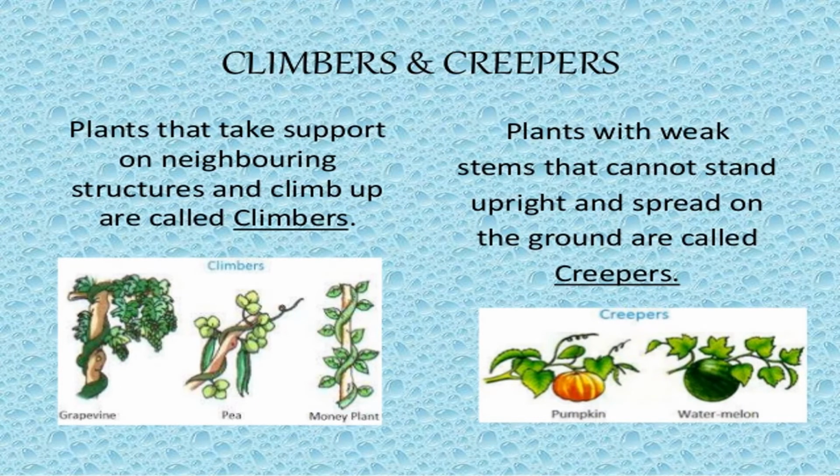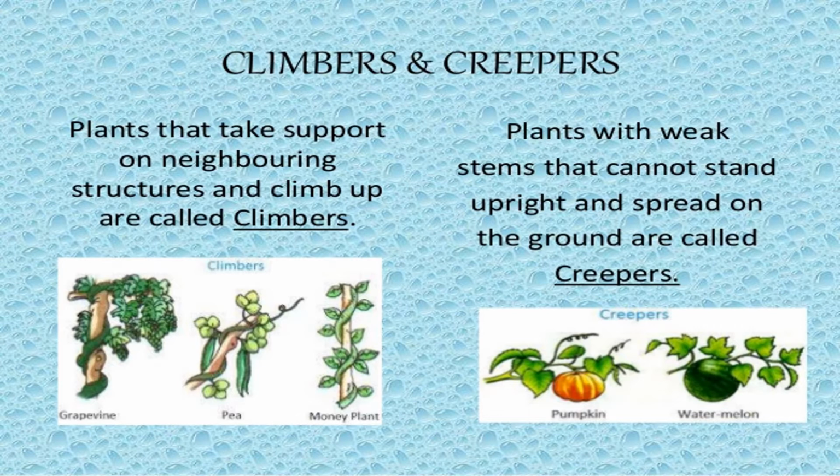Students, let's learn something about climbers and creepers. We have seen money plants at our houses. Yes, and have you noticed that they need some support to climb up? The plants which need extra support for climbing up are called climbers.